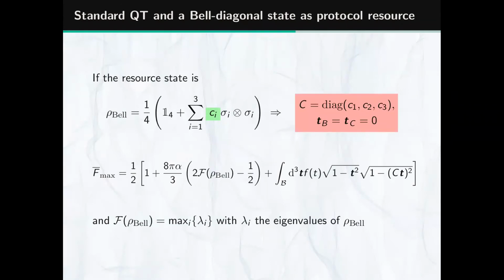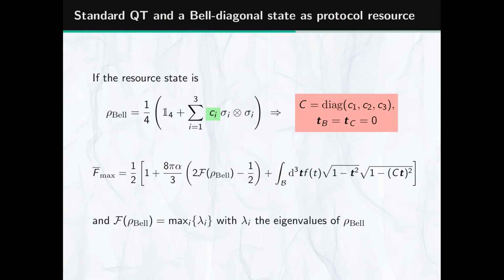Let's take now a simple set of resource states given by Bell diagonal states. The Bell diagonal states are parameterized by three numbers, c1, c2, c3, belonging to a specific tetrahedron.